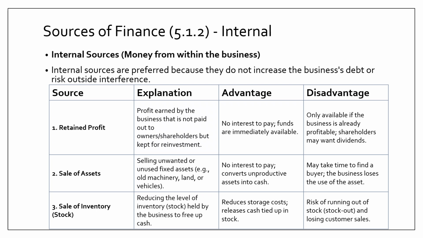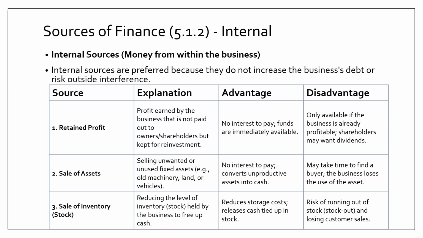So, what is the advantage of retained profit? There is no interest to pay and funds are immediately available. And the disadvantage is it is only available if the business is already profitable, and shareholders may want them as dividends. Number two, sale of assets.